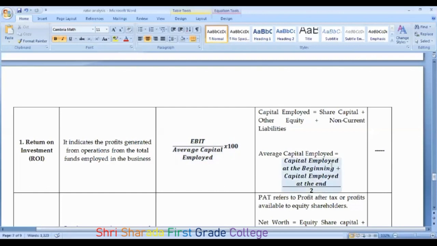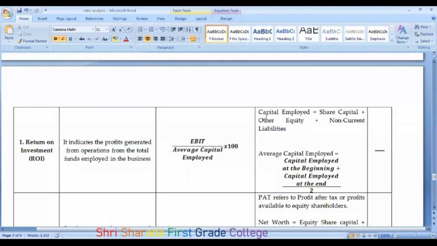What actually is the capital employed? Capital employed at the beginning and capital employed at the end will be taken into consideration. Capital employed is also one of the accounting ratios, especially used in finance and accounting, to measure the relative profitability of the company after taking into account the amount of capital used.